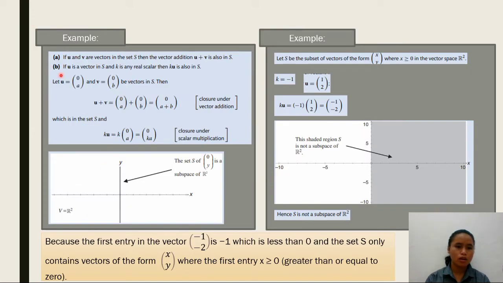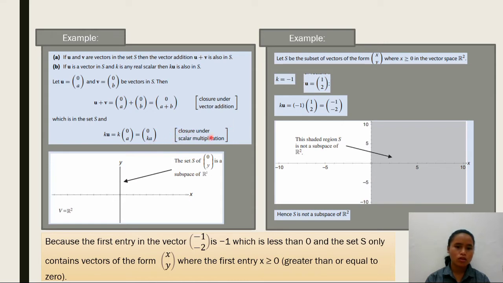Example. A, if u and v are vectors in the set S, then the vector addition u plus v is also in S. And B, if u is a vector in S and k is any real scalar, then ku is also in S. We have u and v be vectors in S, then u plus v, we have the formula, equal 0 and a plus b, which is in the set S, and k times u equals 0 and k times a.